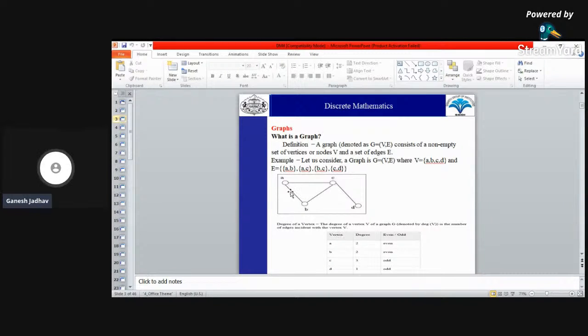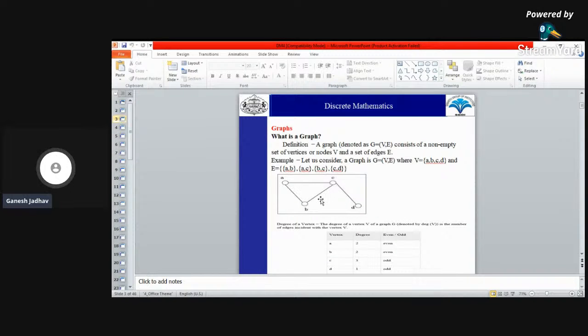Edges from A are AB and AC. Edges from B are BA and BC. Edges from C are AC, BC, and DC. And the last one, edges from D is DC.